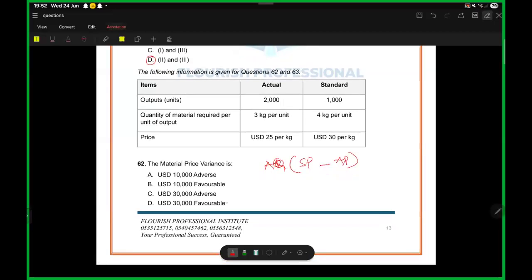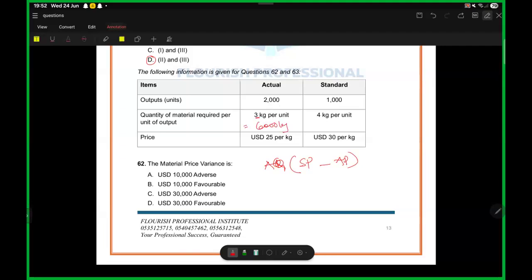So standard, okay. Actual quantity is AQ. Actual quantity is the output. Quantity of material required per unit of output is 3. So to get my actual total output, I'll multiply the 3 by the 2000, which will give me 6000 kg.